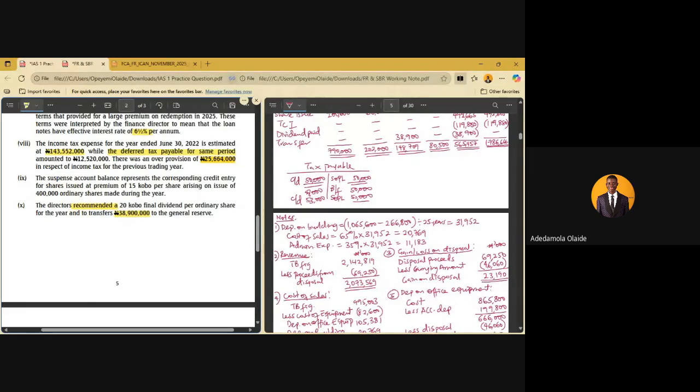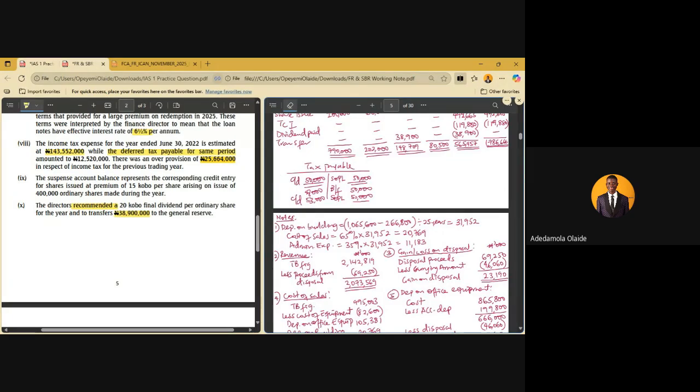Do we understand? At the point where they are making payments, when we make provision in the first year, 50,000, when we wanted to pay, we realized that we have over provided.